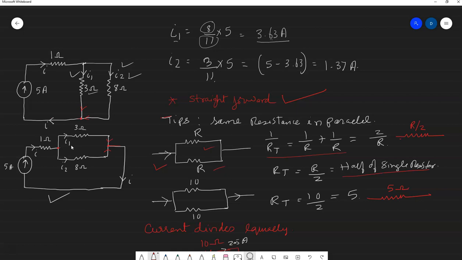So now you know when the resistors in parallel have the same value, the equivalent resistor is always half of one of the resistors.